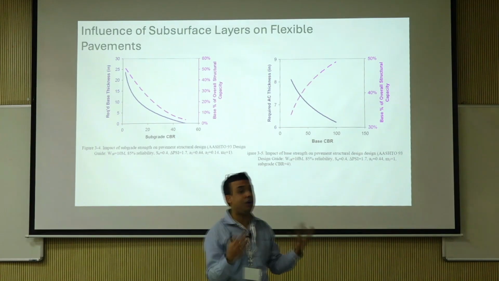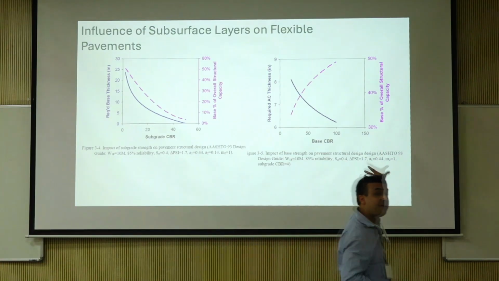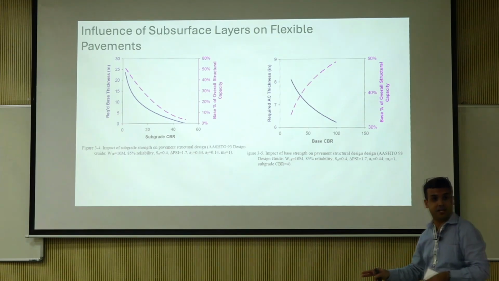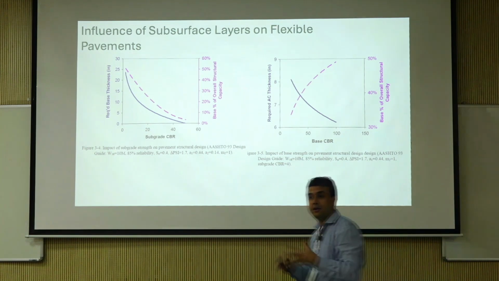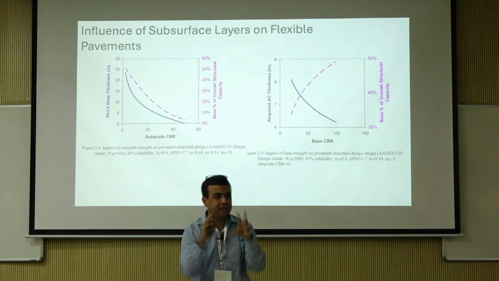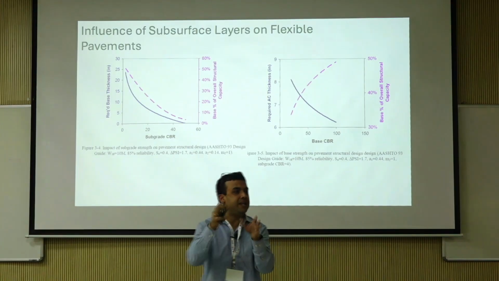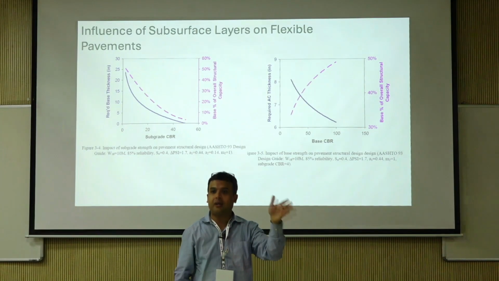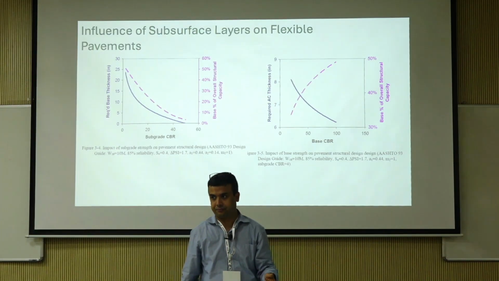We're talking about philosophy here. The entire philosophy there, folks, was what? Protect the weakest layer. That is AASHTO 1993. There is no focus on what happens within the asphalt layer, like any cracking that happens in there. There is no such thing. It is basically protect the weakest layer, right?